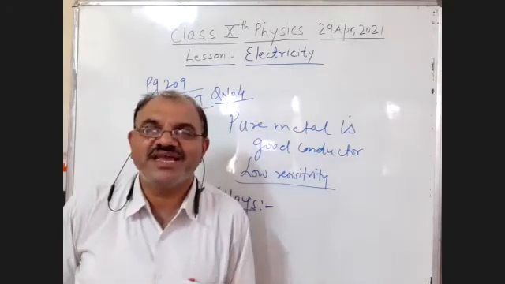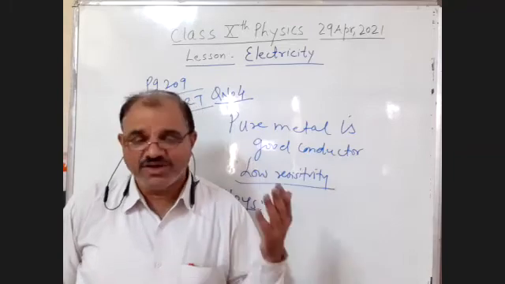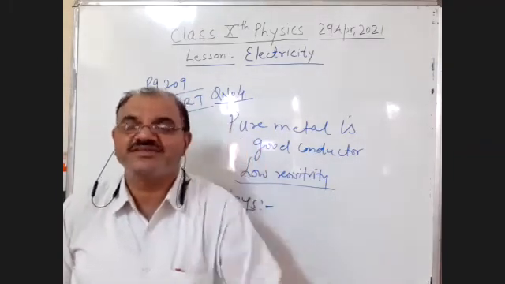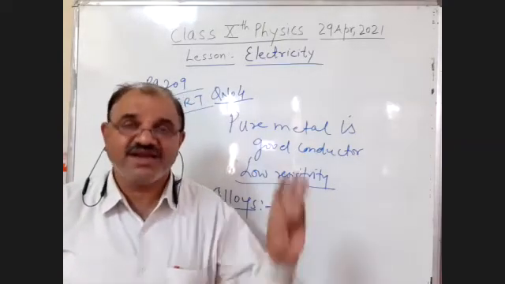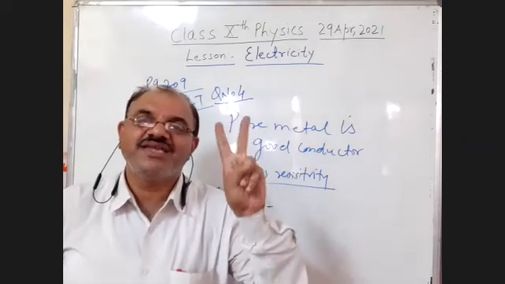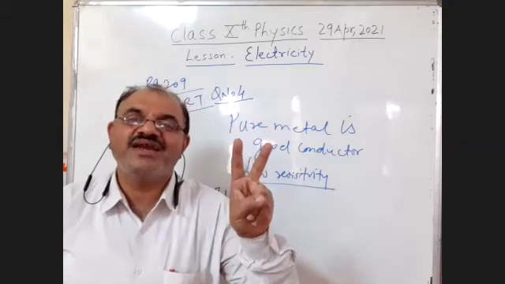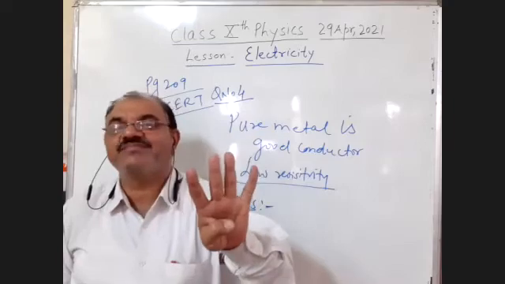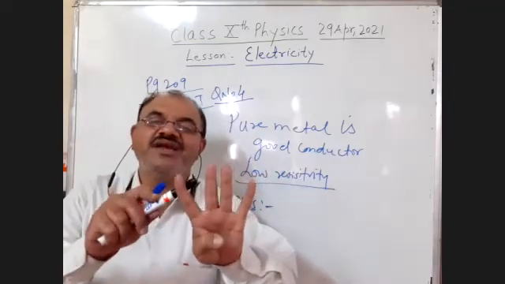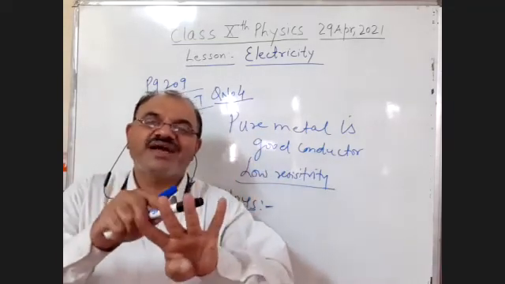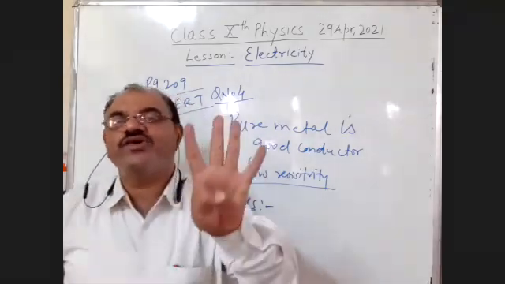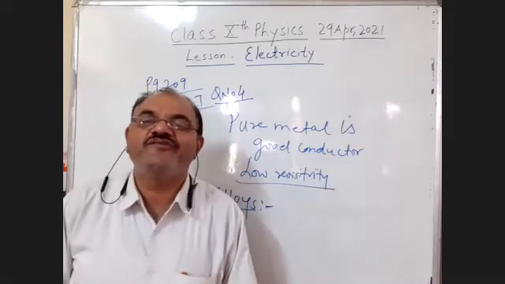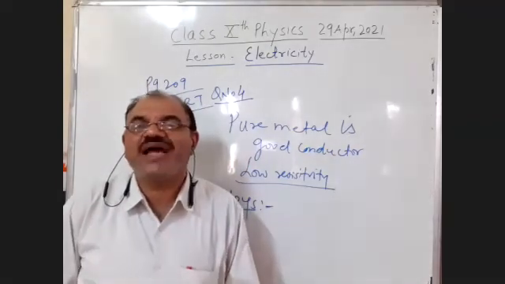In my previous lecture, I explained nichrome is an alloy made up of 4 materials: number 1 is nickel, number 2 is chromium, then manganese, and iron. If these four elements are mixed together, then nichrome will be formed.